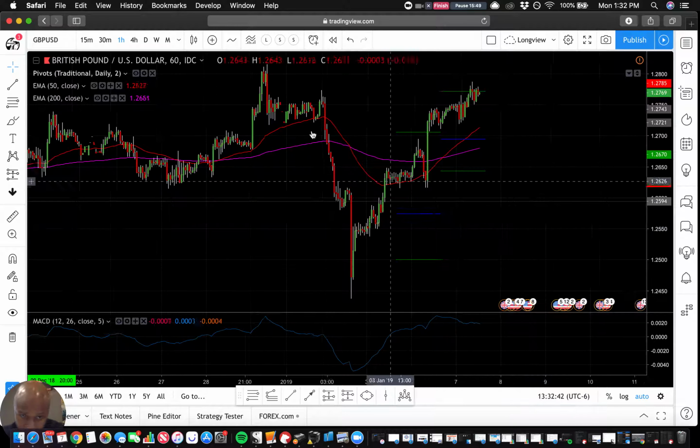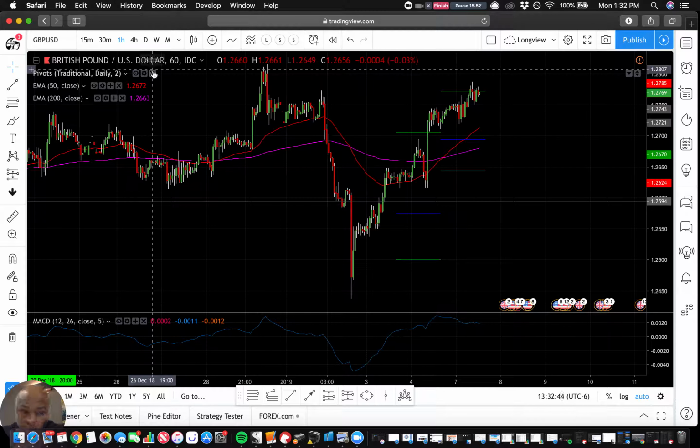So because there's no real strong bias on the higher time frames, I might take something like this, but probably not. Most of the time not, because I'm looking for something that has a long-term bias in direction so that I can combo my trades.